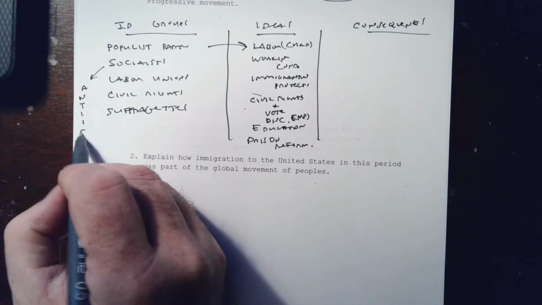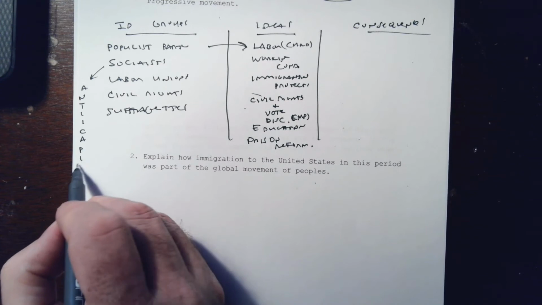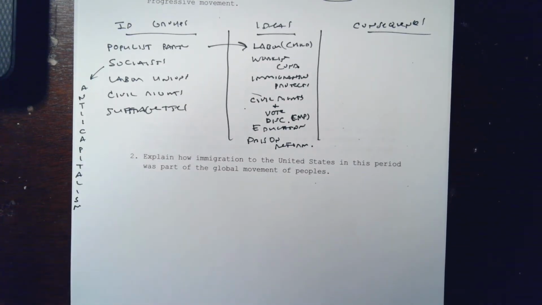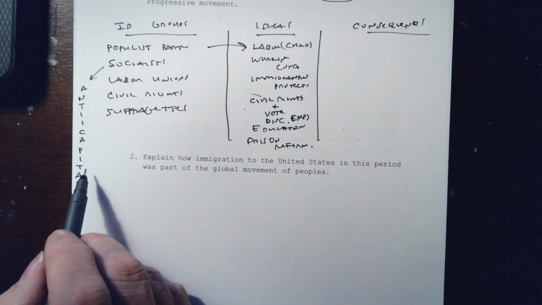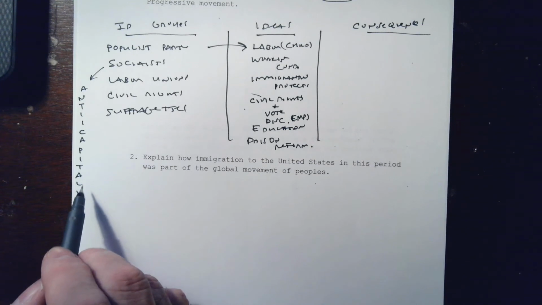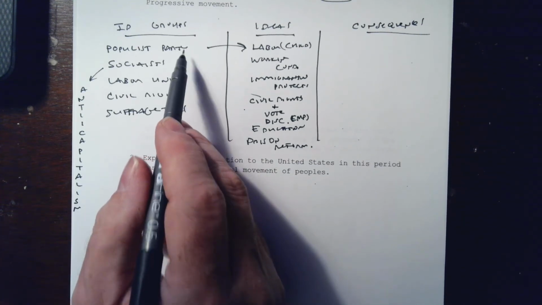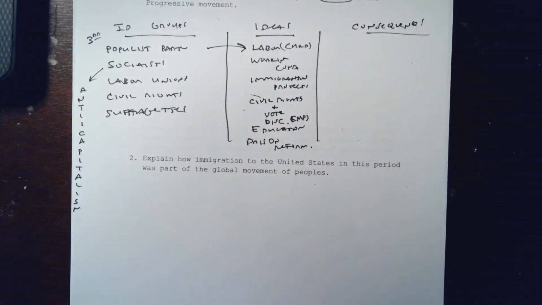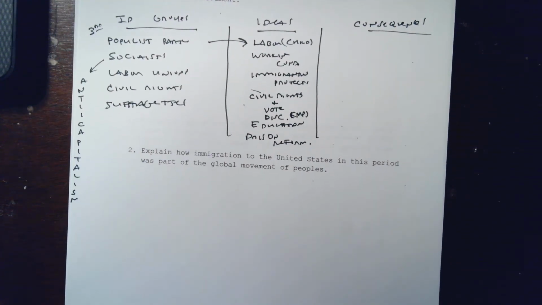And that is key because we live in a capitalistic society, and they're going to be hell-bent on ridding us of the ills of capitalism. So you want a little bit of a stronger argument here. And the Populist Party, again, is trying to be the third wheel in the political system.